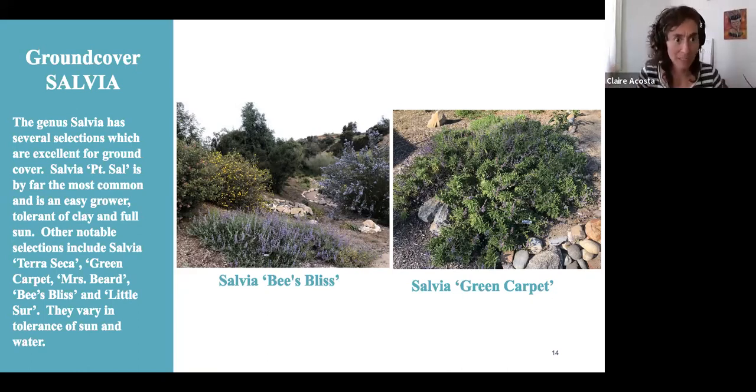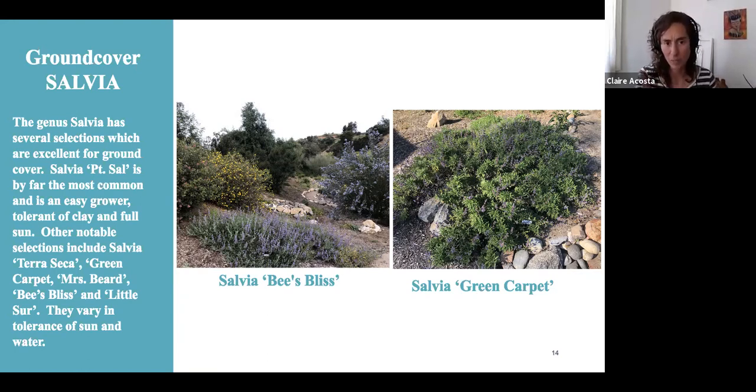Salvia 'Point Sal' is a common and easy grower, tolerant of clay. I think Point Sal is Salvia leucophylla, which is purple sage. I think it prefers the coast or part shade inland, but anyway, it's pretty sturdy. Other notable selections are Terra Seca, and there are quite a few listed on your cards.